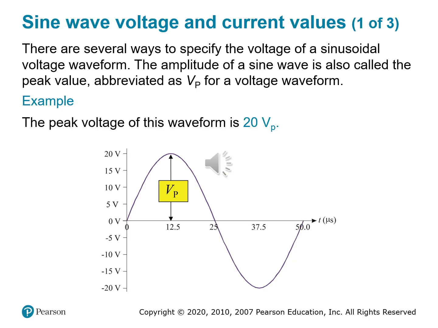This value is critical when you want to specify component ratings, compare signal strengths, or calculate measurements like RMS voltage and average voltage. So when you see V sub P equal to 20 volts, think of this: how far the wave stretches upward from zero and how much energy it can deliver at its maximum.